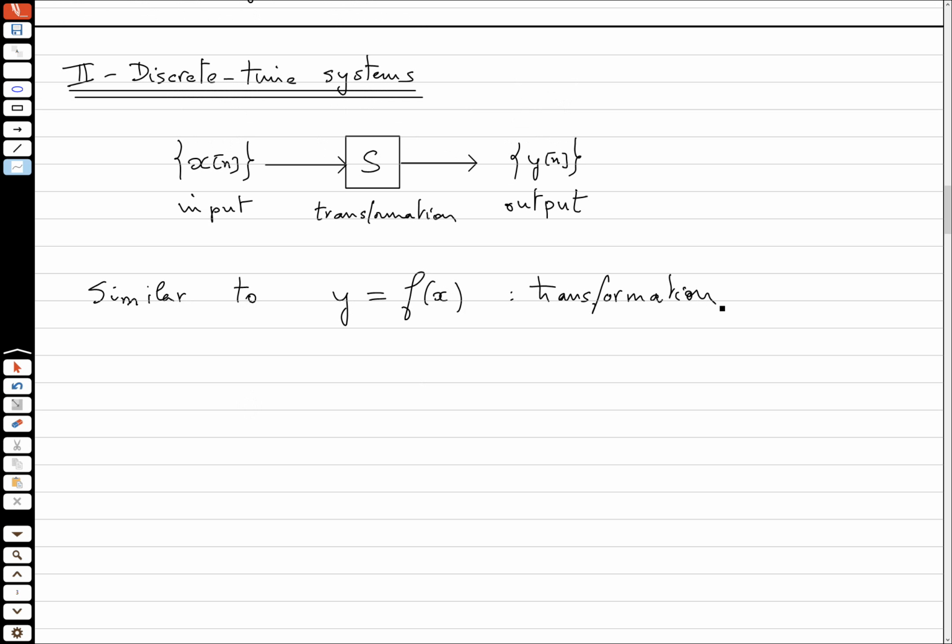I'm not giving you a number x. I give you a way to transform x into y. You could call x the input. You could call y the output. But similarly, we have y of n equals S of x of n.